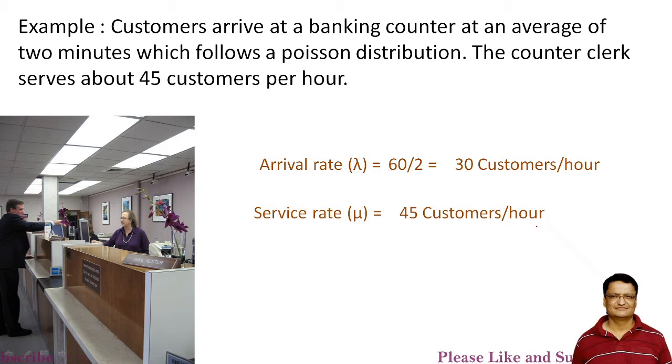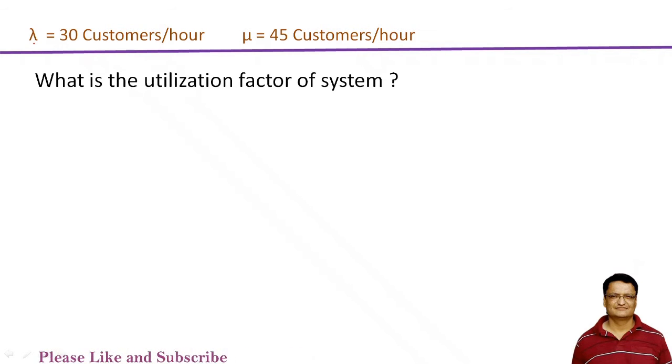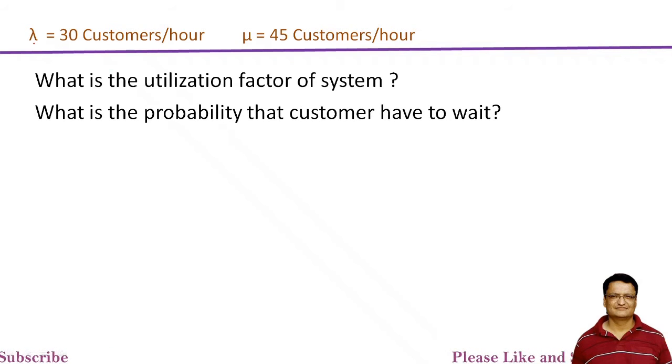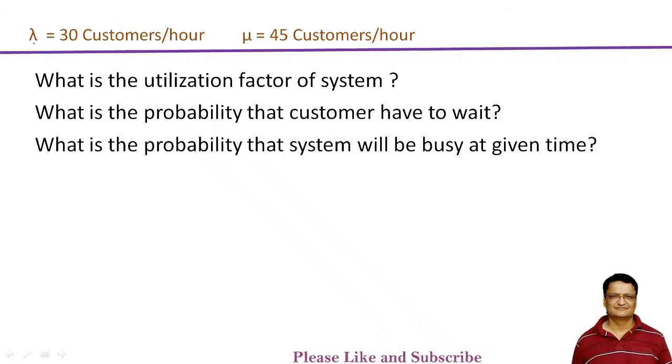Now with these two values, let us try to figure out some more important things. Now we will put these two things in our memory. What is the utilization factor of a system? What is the probability that a customer has to wait? And what is the probability that the system will be busy at a given time?